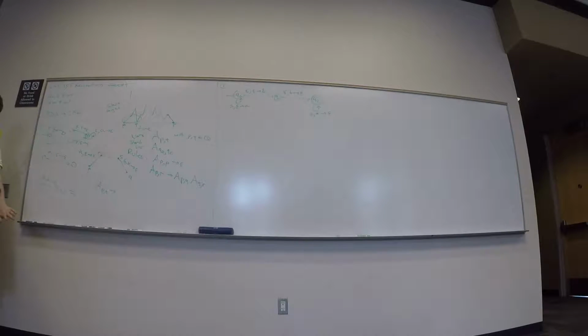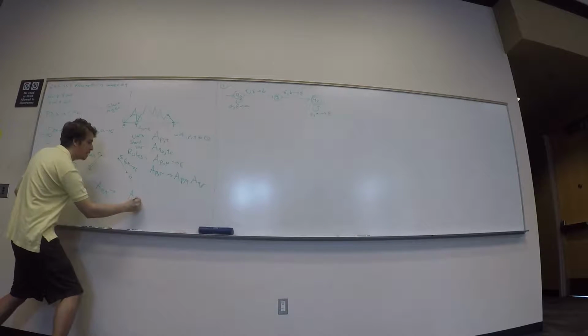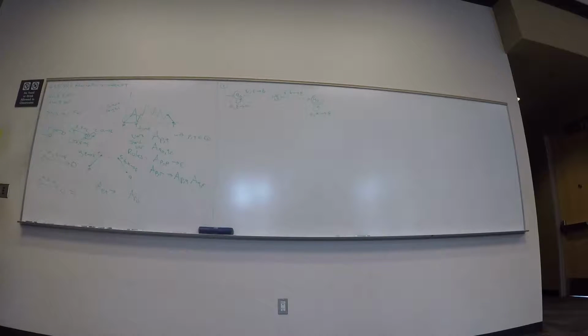Well, what's the sub-problem here? If I know how to get from R to S, do I know how to get from P to Q? Yeah, what do I do? So if I happen to know A_RS, getting from R to S, well, how do I get from P to Q then?